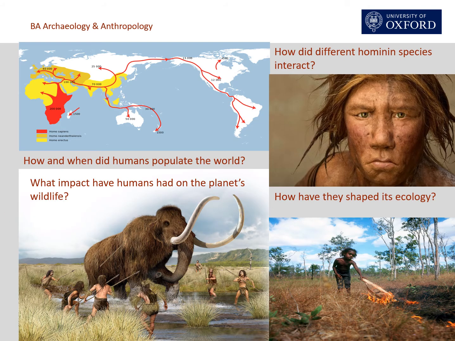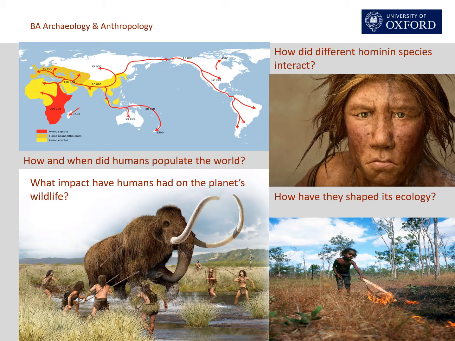When and how did people, or the ancestors of modern people, populate the rest of the planet? We know that hominins, that's to say human ancestors, first evolved in Africa and that they spread from there across the rest of the world. We know from the fossil evidence that there were at various times other hominin species existing in other parts of the world, such as the Neanderthals here in Europe and in Western Asia.